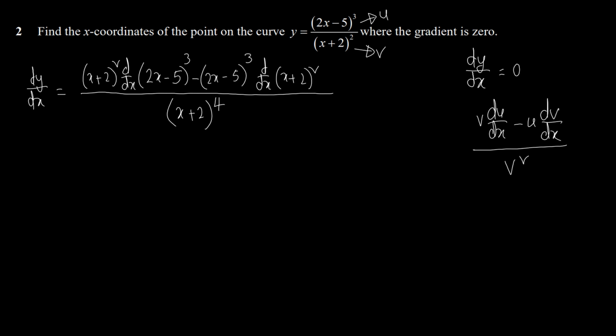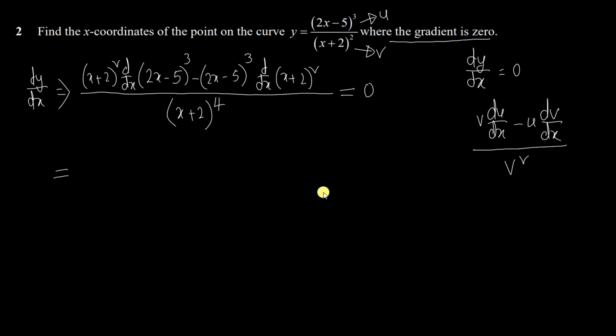We can set that expression directly to 0, because it is written that the gradient is 0. Now we can find the answer from here. The denominator goes to the right side as a multiplication, and it becomes 0.